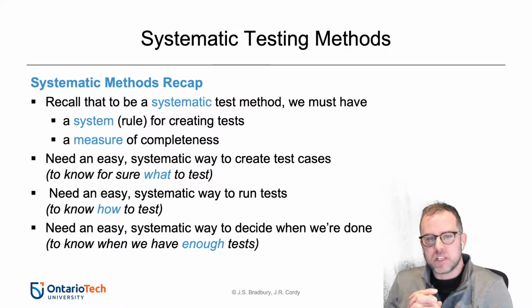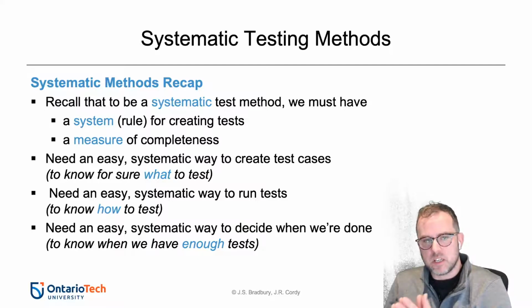But what I haven't really done is said specifically what exactly systematic methods are in detail. So I just want to reiterate, I may have mentioned it in the last class, I don't recall, what makes a test method systematic versus, say, ad hoc is that the test method needs to have a system for creating the test.